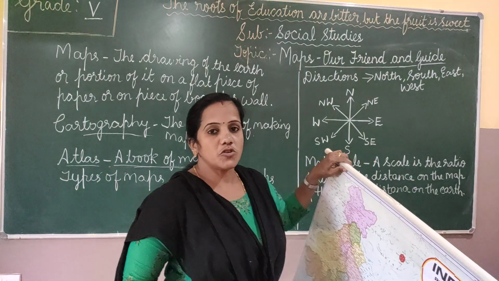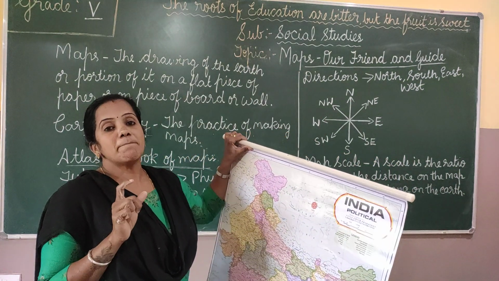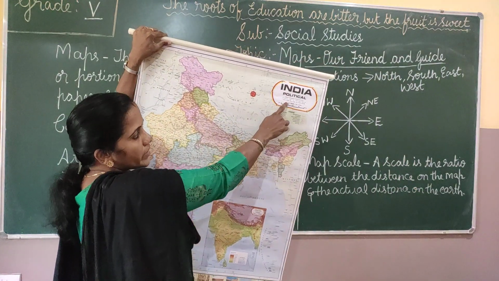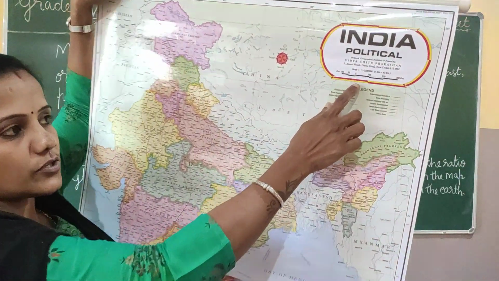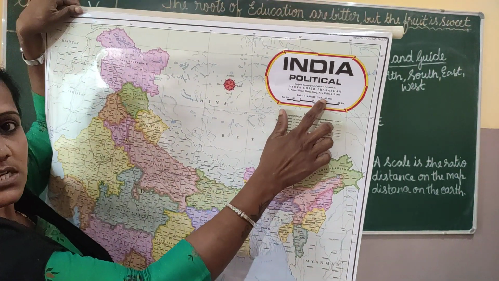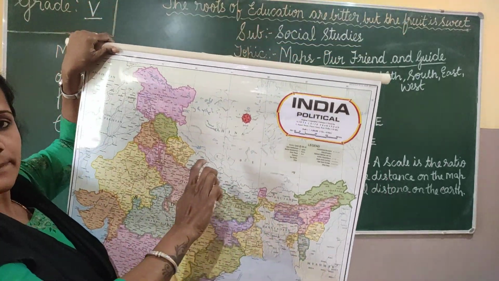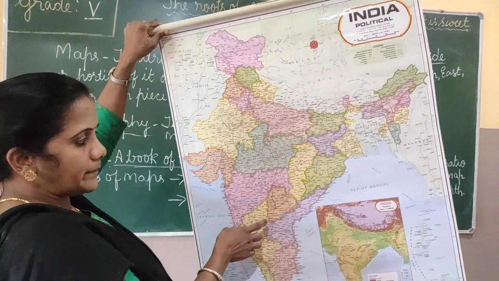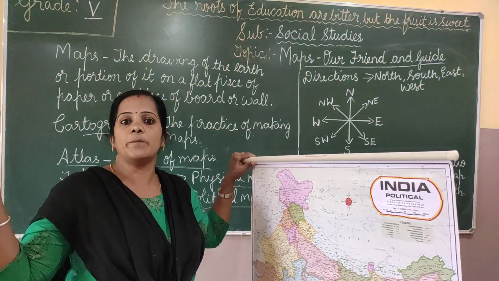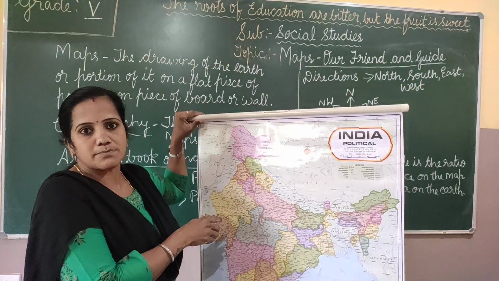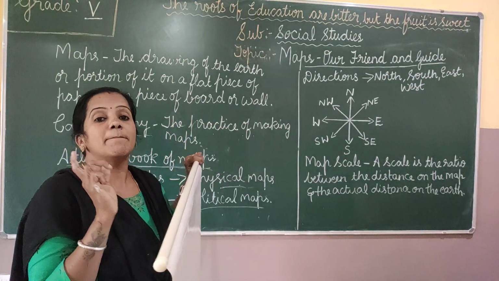As I told you before, the scale used in a map is shown at the corner of the map. For example, you can see here the scale used to draw this map. India is so big, so we cannot draw such a big area on this map, so we use map scale.